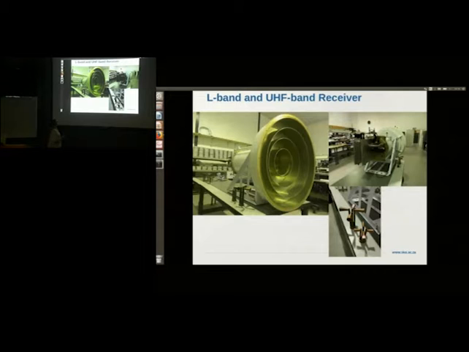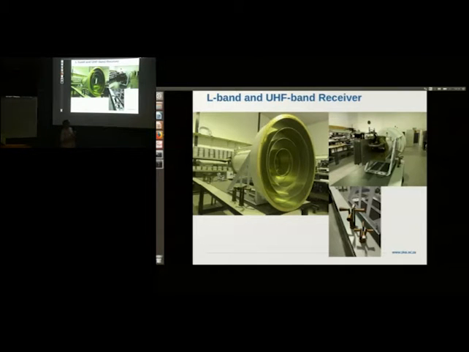So this is an L-band receiver, and this is what it looks like in the lab. It's got its protective dome removed here. And this is the front view, and that is the back view. These circles are called concentric choke rings, and they form part of the waveguide of the receiver.